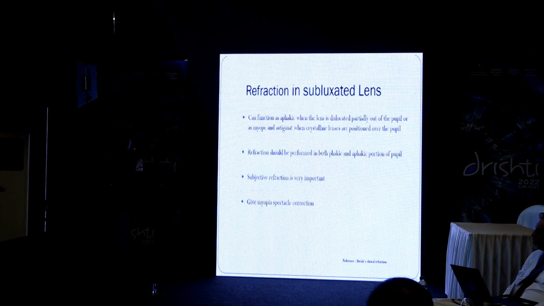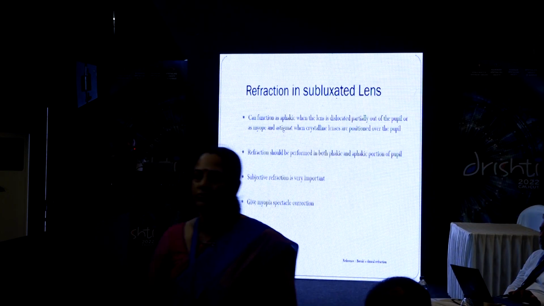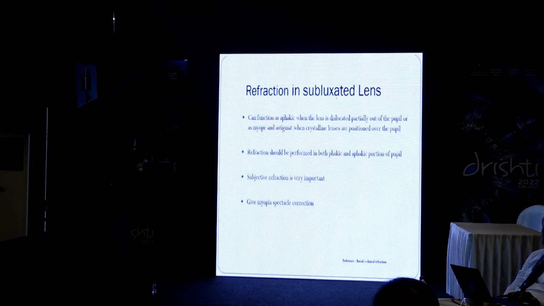So the refraction will be lenticular. We usually get a high myopia or a high astigmatism, which is lenticular. So how to manage this patient? We have to do both phakic and aphakic refraction here.